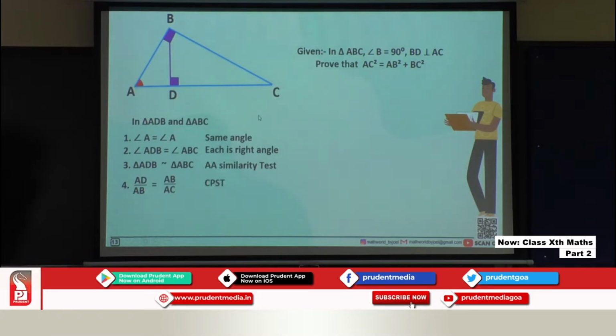And it will be called CPST. Simple. And the next step will be cross multiplying, the fourth step. So AD multiplied by AC is equal to AB multiplied by AB, which will be AB square, and the reason that I will give is step number 4. So from step number 4, this is the conclusion.